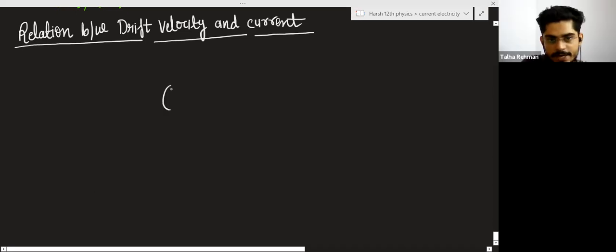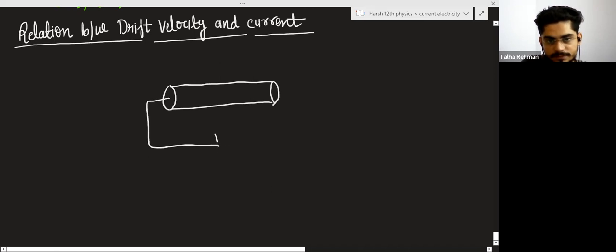For this, I am taking a cylindrical conductor and I have connected this conductor with some cell or battery. Inside this, the electron will move in this direction. This is the positive end and this is the negative end of the conductor, with drift velocity.